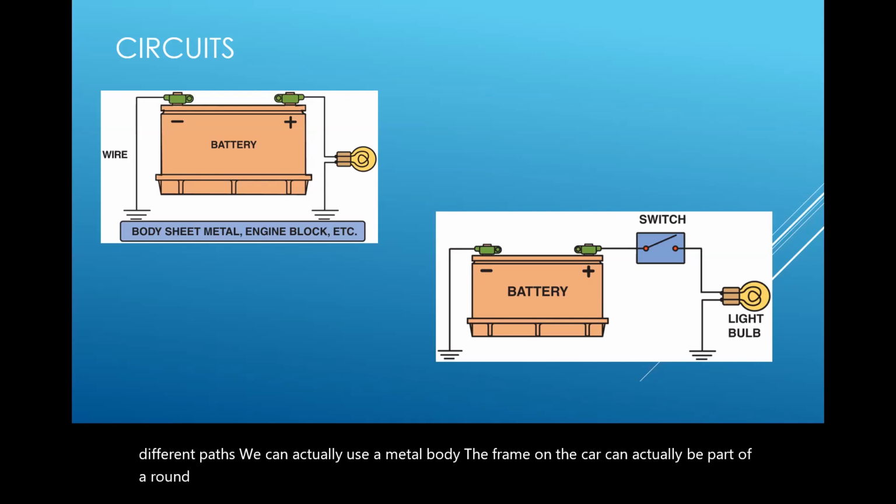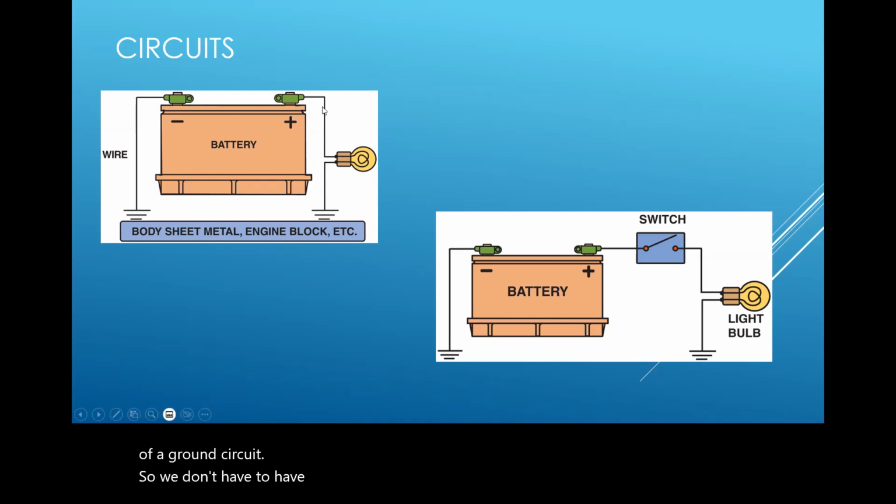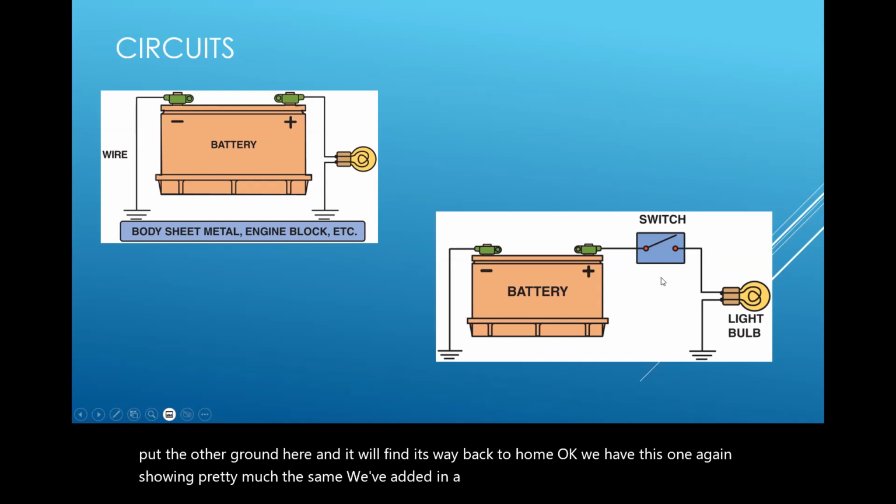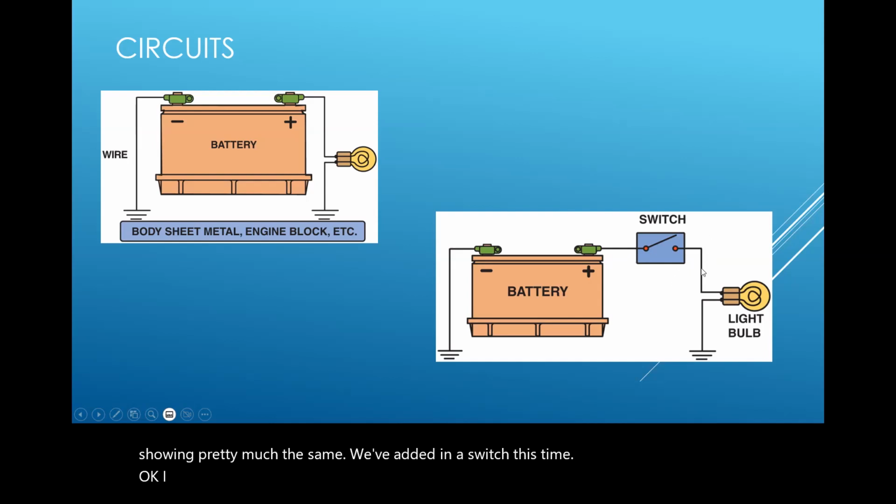So we don't have to have a completed wire going across. We can ground it here and put the other ground here, and it will find its way back to home. Okay, we have this one again showing pretty much the same. We've added in a switch this time. I would prefer to have some kind of protection device too.